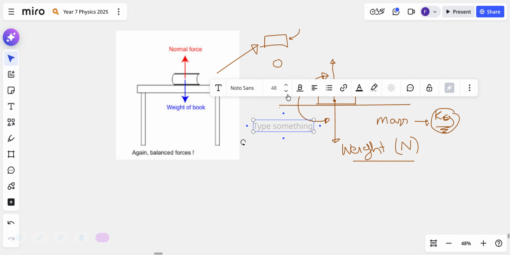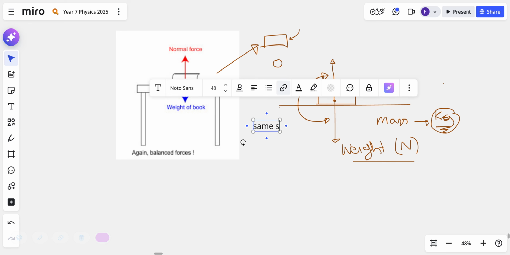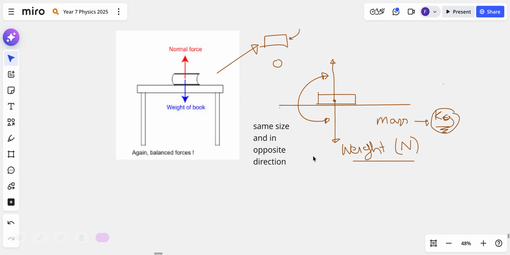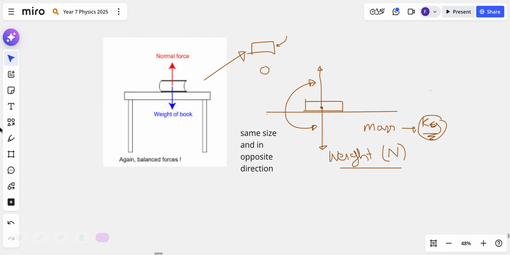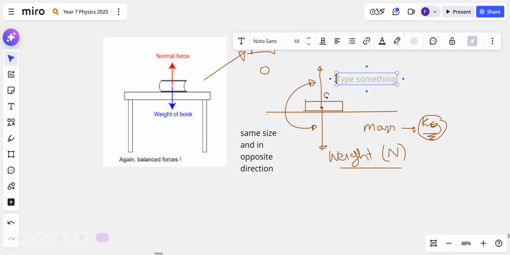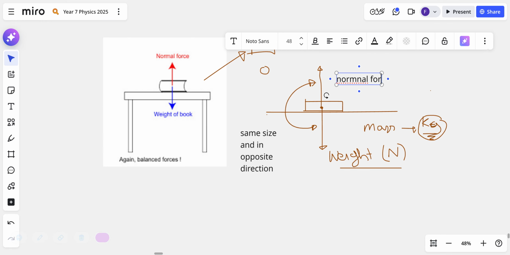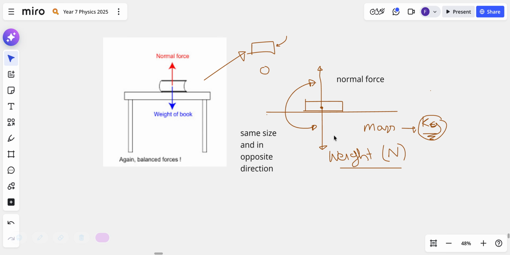So today, what you're looking at really is just drawing the diagrams and what the words mean. This upwards is called the normal force. So you have the weight of the book downwards and you have the normal force.